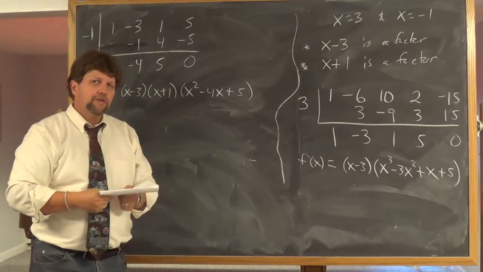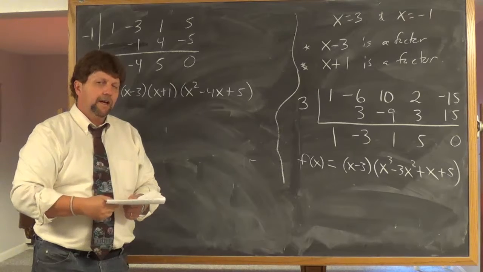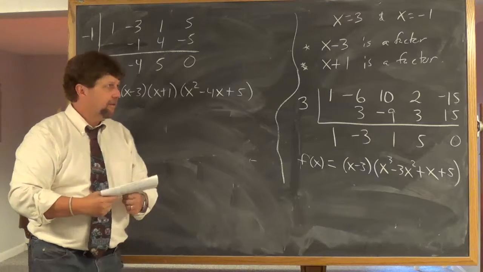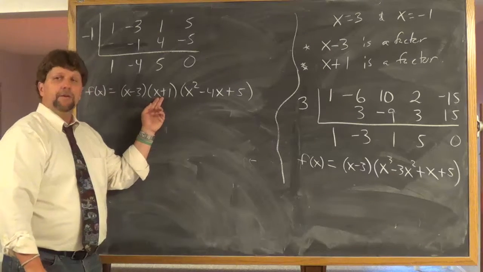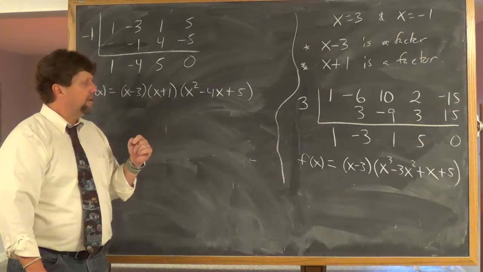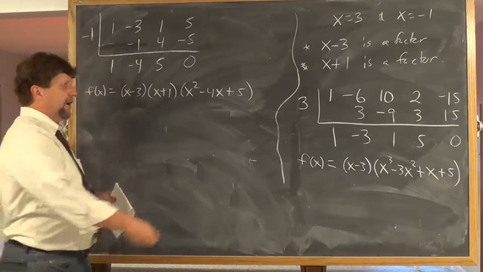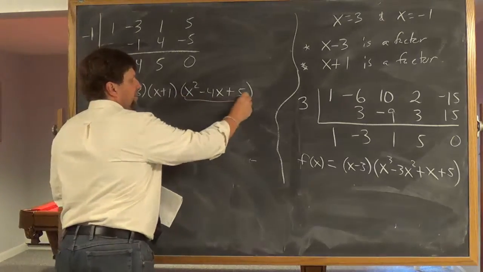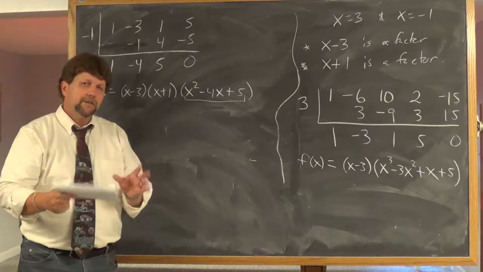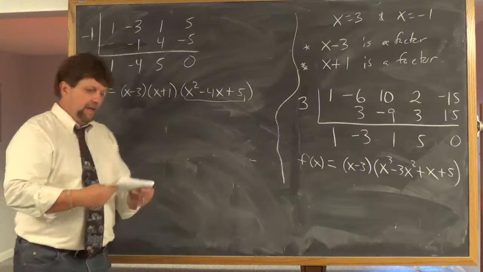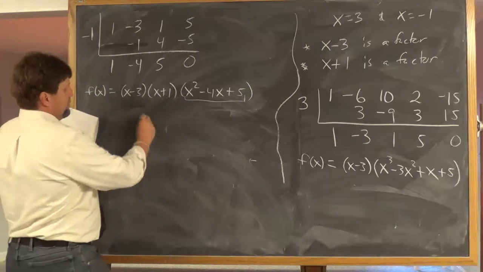The original question was to find all the complex zeros. Well, we have the zero here, x is 3. We have the zero from this factor, x is negative 1. The other zeros are found by taking that quadratic equation, setting it equal to 0 and solving.